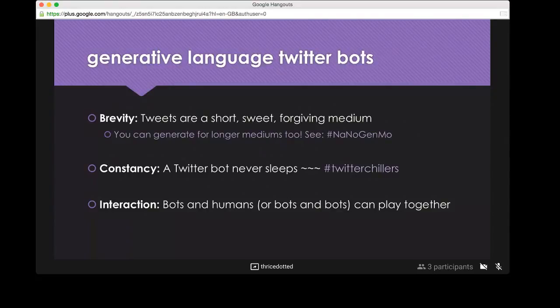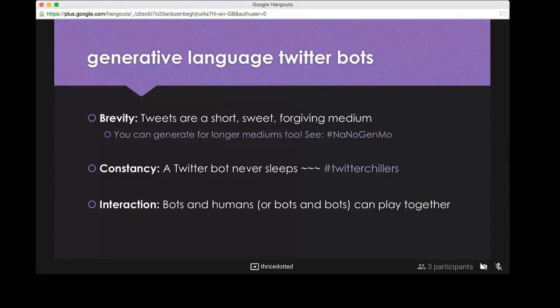So you don't have a lot of room to mess up, and you're going to mess up, but they're a forgiving medium, and they're short, so you don't have to worry about keeping this coherent over a whole paragraph. That said, there's a whole other side of the spectrum where if you want, you can generate, say, 50,000 words for NanoGenmo. That's a totally different thing and also really fun.